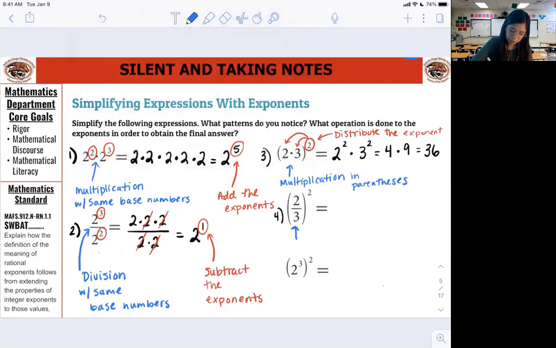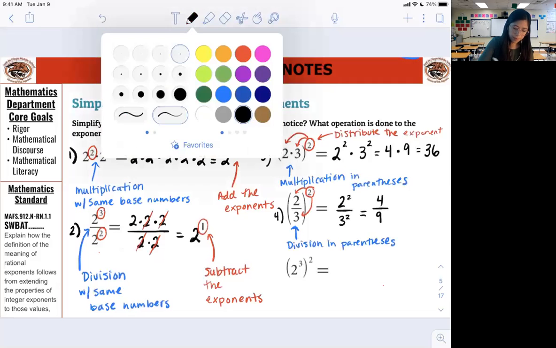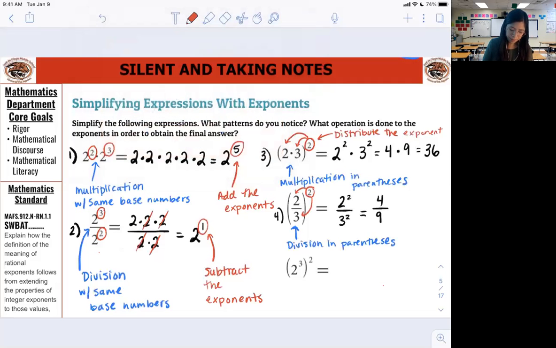So again, this time I have division in the parentheses. What I can also do here is distribute my exponent. So now I'm going to have 2 squared over 3 squared. 2 squared is 4. 3 squared is 9. So same thing, distribute the exponent. Okay, questions up to here?